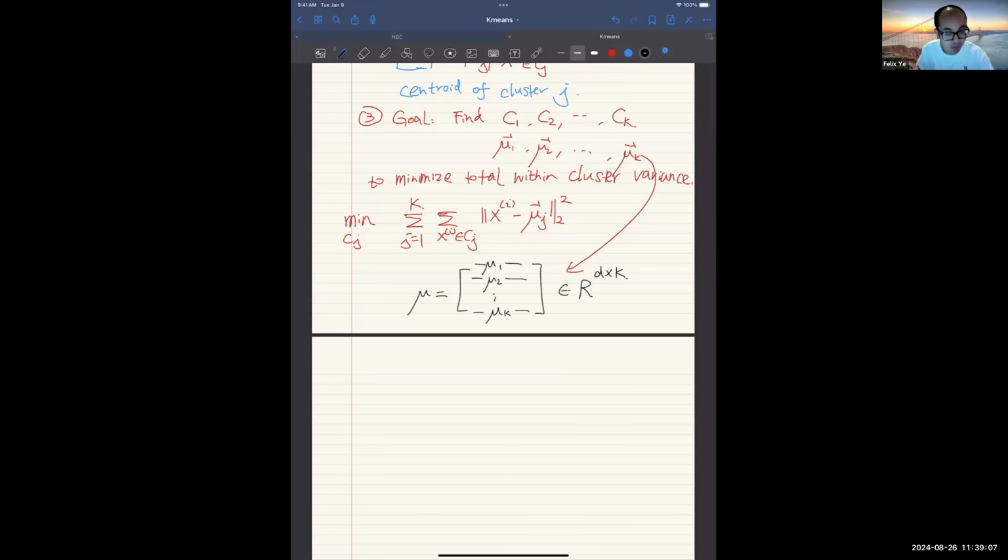This is obviously quite important. This loss function is also called the distortion, and I'm going to call it J here.